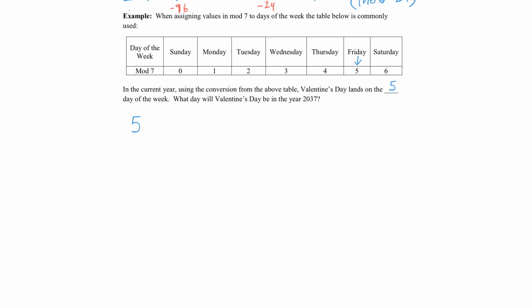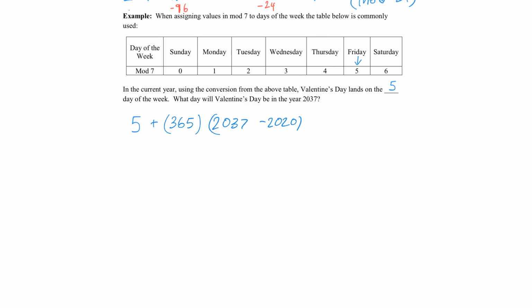So most years have 365 days. How many years will we be wanting to consider? Well, 2037 is where we want to go to, and the difference between 2037 and 2020 is the number of years. So that will advance us 17 years into the future.